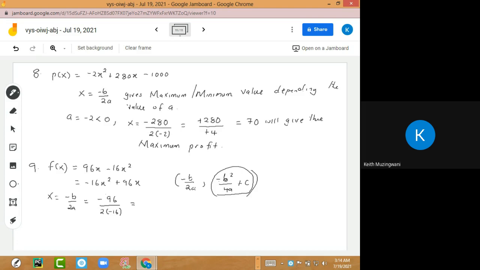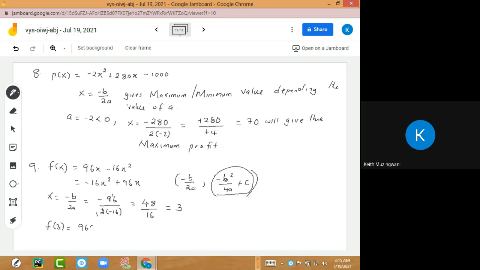This means that if you use 2 here 1, 2 there 4, remainder 1, 2 there 8. So we get 48 over 16. 16 in 48, 3.